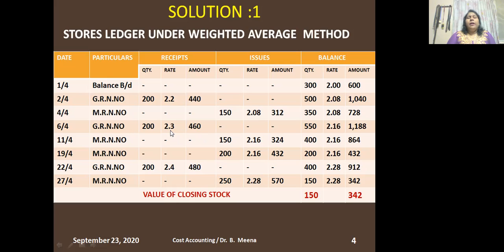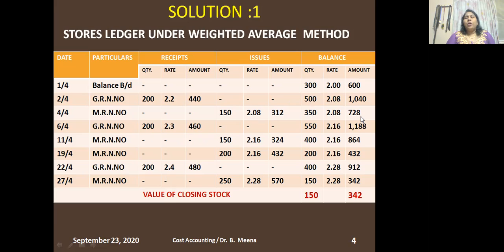I will calculate the rate. 460 divided by 200, 2.3. I showed nil in the issues column because on that date I made a purchase only. So whenever I'm purchasing, I add the quantity already existing, 350 as of now, along with the new 200. So I'll get 550.